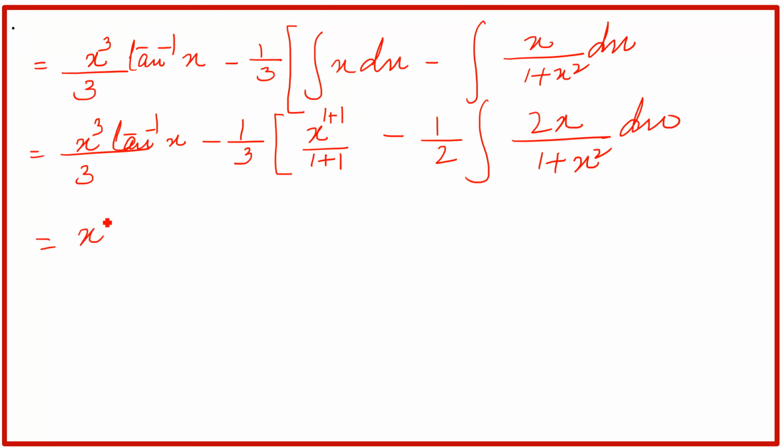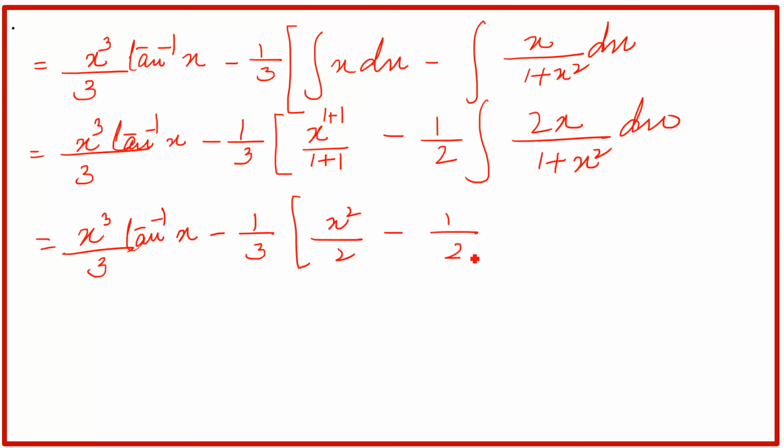So it will be x cube over 3 tan inverse x minus 1 over 3, which remains the same, x square over 2 minus 1 over 2. Now this is the function and we have its derivative in the numerator, so its integration will be the natural log of the function, which is 1 plus x square, plus c.